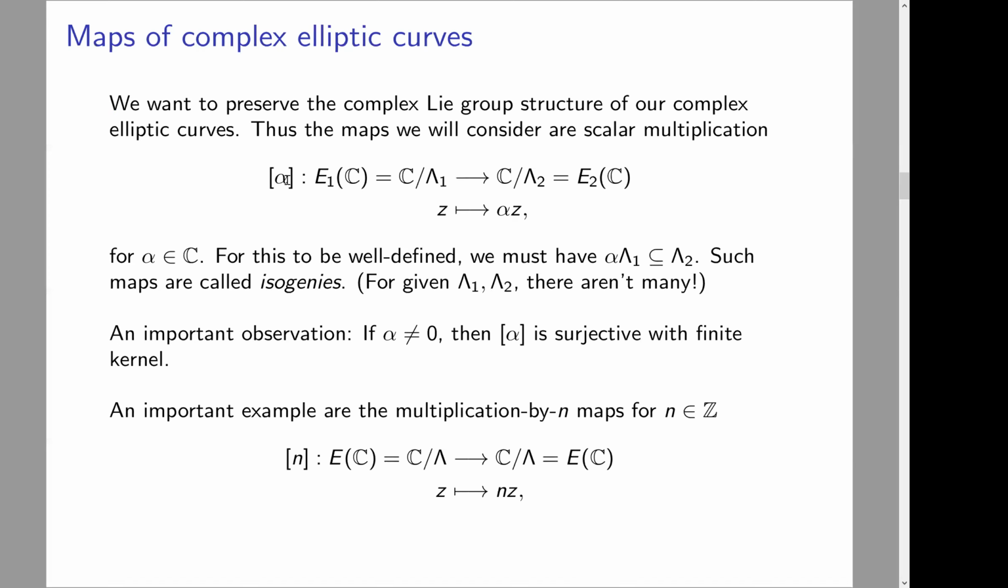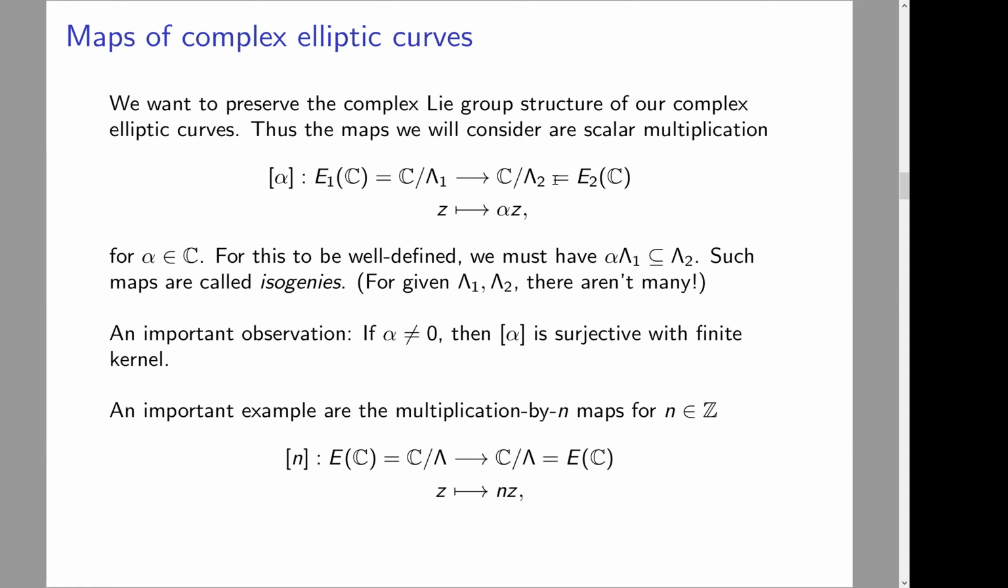So I have two elliptic curves, E1 and E2. They each have some associated lattice. So E1(C) is C modulo Lambda 1, E2(C) is C modulo Lambda 2. And I can map from one to the other via z maps to alpha times z, for alpha some complex number. So that's a map from C to C. To get a map from E1 to E2, we need to require a little more.